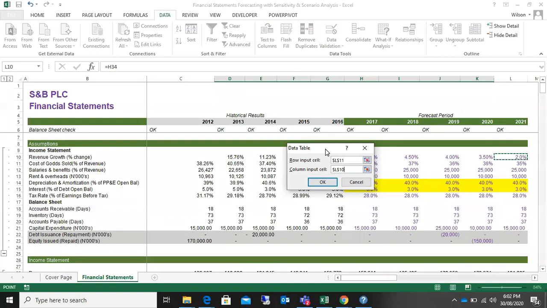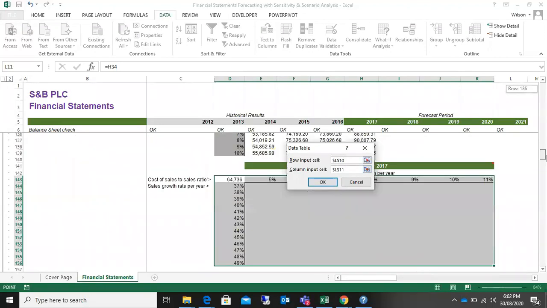Let's do that again. For row input, the row is the revenue growth, which I have selected here. Then the column is cost of goods sold. Let's be sure we select the right thing, which is 35%.